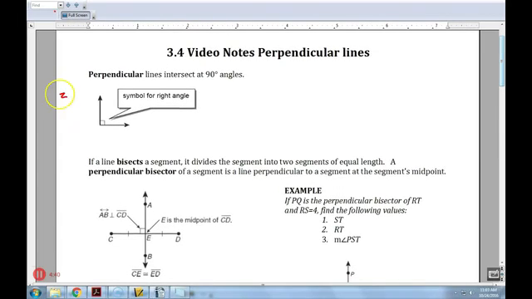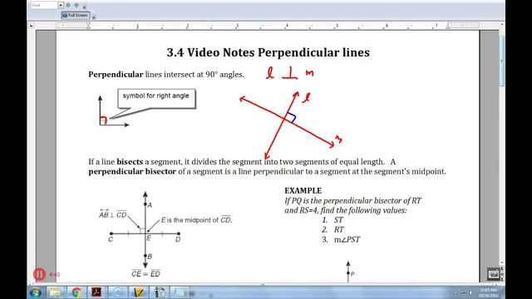So perpendicular lines, the definition is they're lines that intersect at 90 degrees. We've been used to this little right angle here, so that's a symbol. If I want to show that two lines are perpendicular, for instance, line L perpendicular to M, I draw one line, call it L. The other line would have to come in at 90 degrees, M, and then I have to show somewhere that it's 90 degrees.